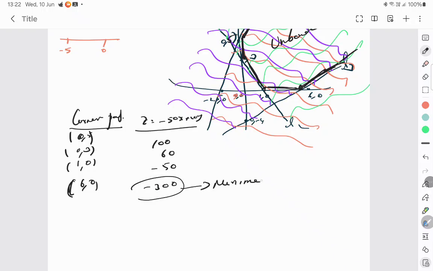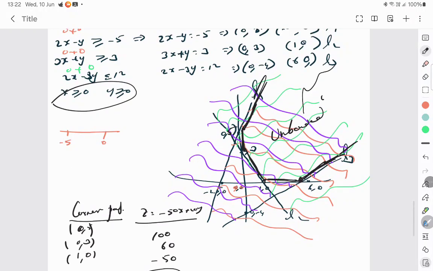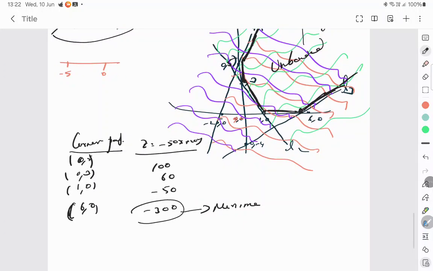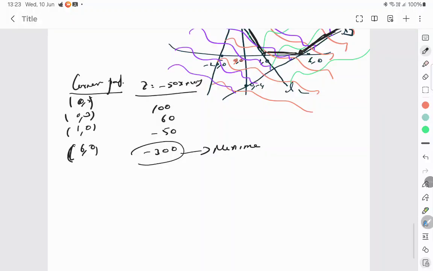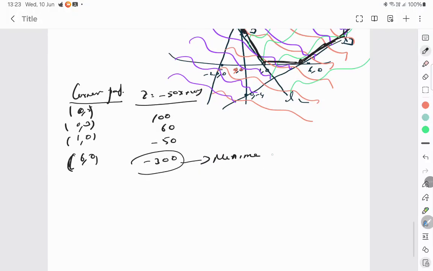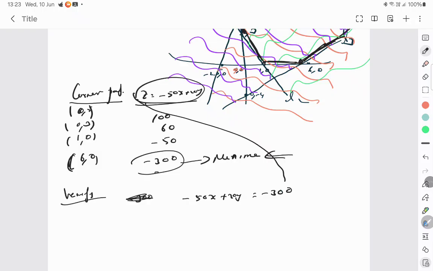In this, there will be no well-defined maximum because the maxima goes on and on and on. But the minima, because the region is not bounded, it's unbounded. Only minima exist, and you have to verify whether this minima, minus 300, is really your minima. For that, take the equation, instead of z substitute minus 50x plus 20y, and write it against minus 300, to check whether z is minus 300.